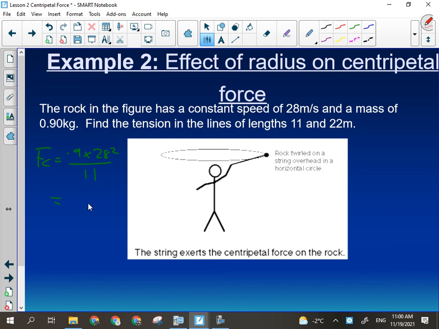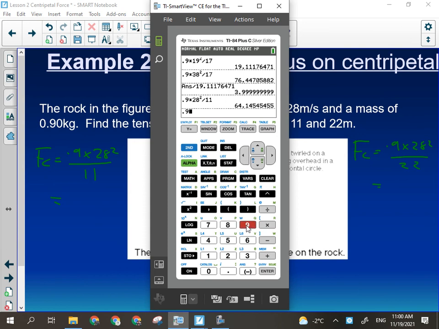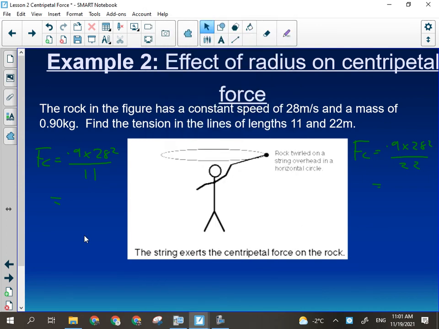Then Fc equals 0.9 times 28 squared divided by 22. Instead of getting 64, I should get 32. Half as much. So radius will decrease the centripetal force in a linear fashion. Velocity will increase the centripetal force in an exponential fashion. Questions on that?